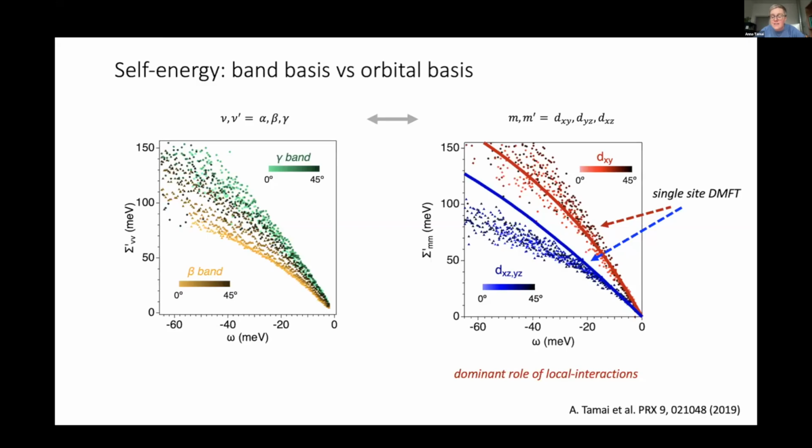I find this agreement already very good. There are probably additional non-local interactions, because we know there are spin fluctuations in this system, but the effect seems to be quite small, or an additional effect, while the dominant effect is described by this local DMFT self-energy. Okay, thank you.